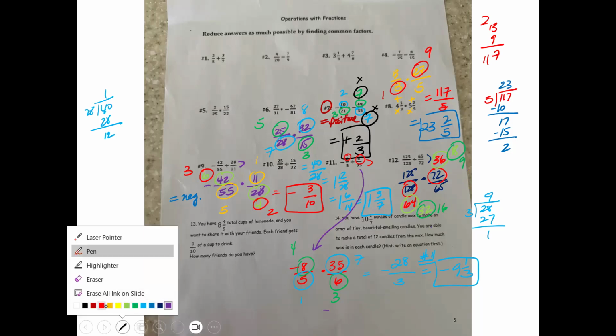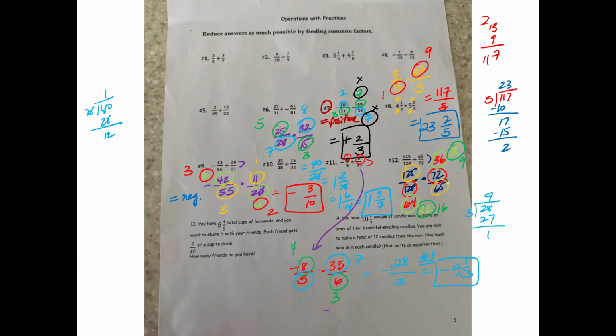Then let's take a look at the next one. 125 and 65, you could divide by 5. 5 goes into 125, 25 times. 5 goes into 65, 13 times, right? And this is as far as you can go. So then you simply take the 25 times the 9. Do you see that? 25 times 9, I know 25 times 8 is 200, so that's 225. 16 times 13 is 208.